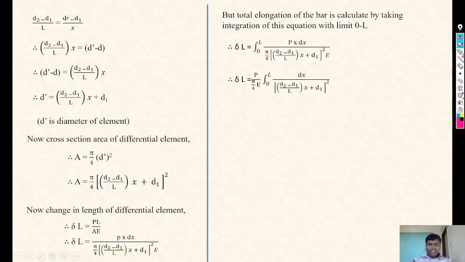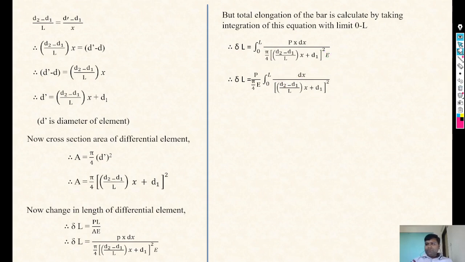P into dx divided by pi by 4 in bracket d2 minus d1 by L into x plus d1 whole square into E. Now here see, this P and pi by 4 and E, these terms are constant. So take all these terms out of the integration. So P divided by pi by 4 into E, integration of 0 to L dx divided by this term as it is. Okay, this term we kept as it is.